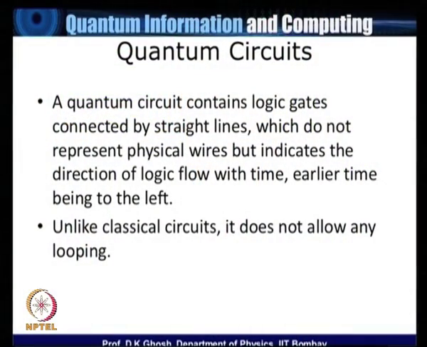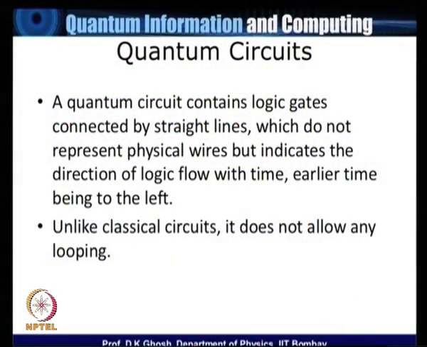So let's go to the general idea of what a quantum circuit is. Basically, a quantum circuit contains logic gates, and you will notice that I have been connecting these various logic gates by means of straight lines. In normal classical circuits, these straight lines represent physical wires.